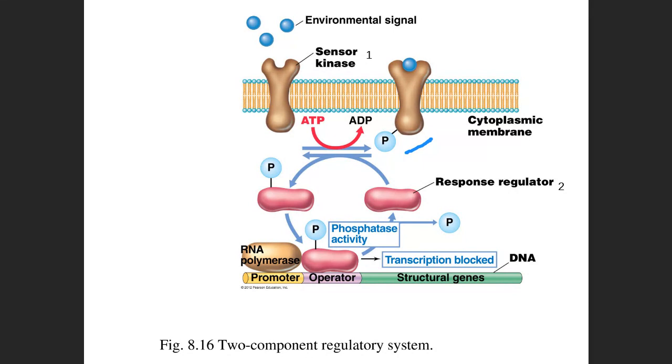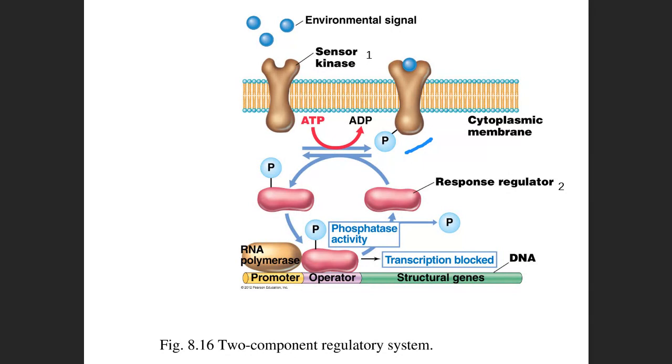So this binds to the operator, then it will block the transcription, right? Structural gene, promoter, and block the transcription. So now the net effect is that the environmental signal is actually regulating gene expression directly. Another way to think about this is the bacteria is able to respond to an environmental signal by regulating its gene, right? And so this is shutting off.